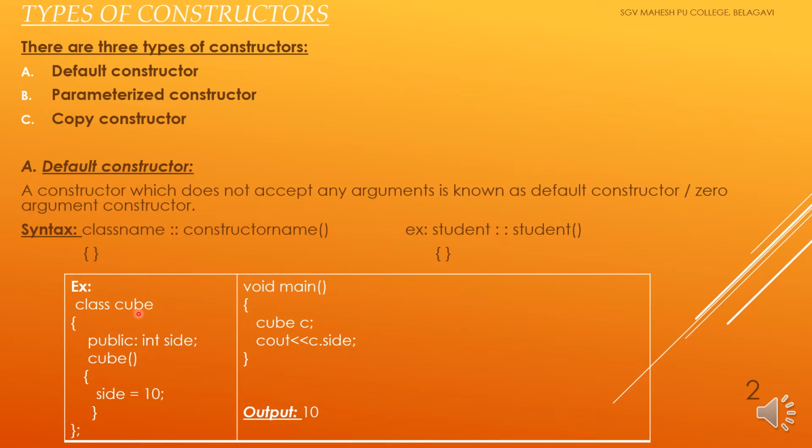Cube is a constructor. I'll assign the value of side as 10. Coming to your main program, I say cube C. Cube is class, C is an object. So I say C dot side. So what's the value of C dot side? It's nothing but 10. So this is a default constructor because you are not going to pass any value inside the constructor.